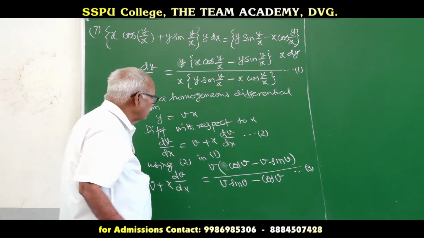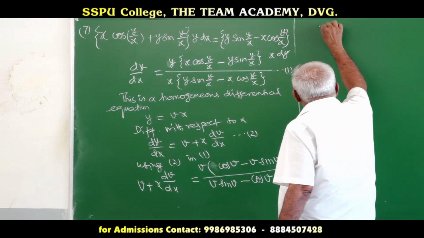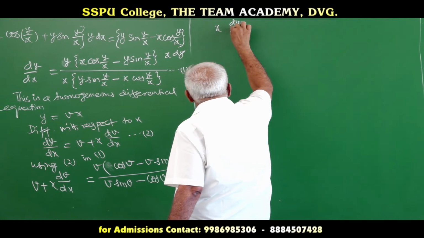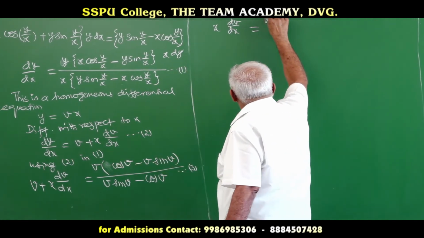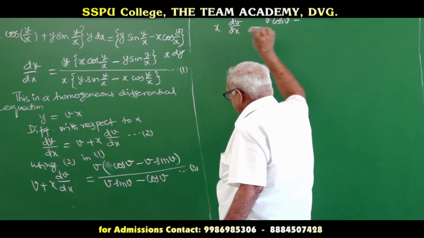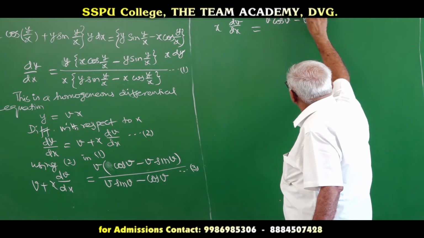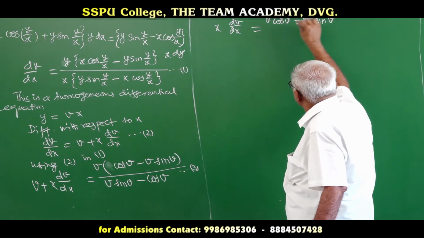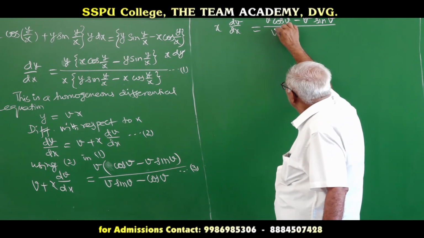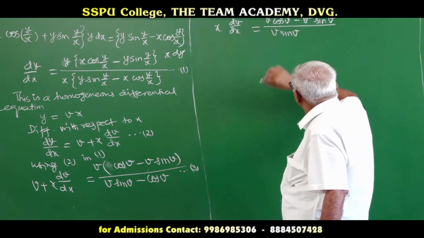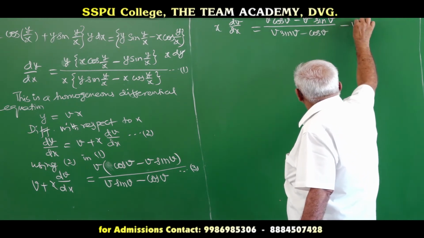Now this we will simplify. x dv by dx is equal to, multiplying this, v cos v minus v square sin v divided by v sin v minus cos v, minus v.